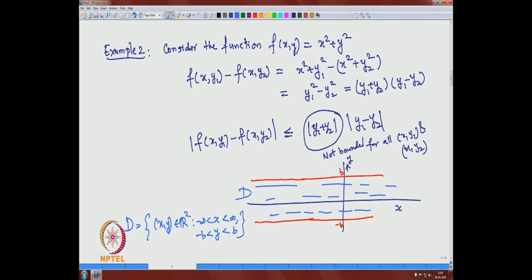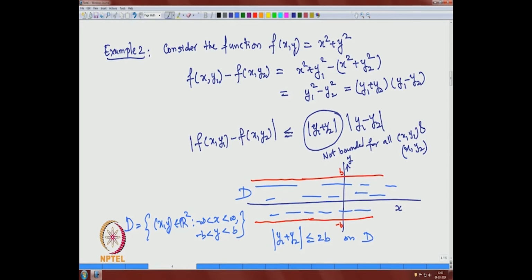So on this D, since y1 plus y2 is bounded by 2b, y1 plus y2 is less than or equal to 2b on D.